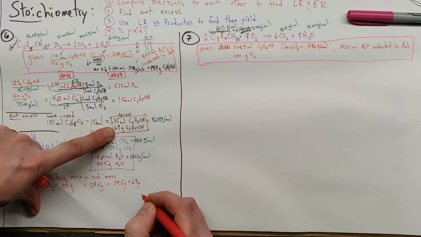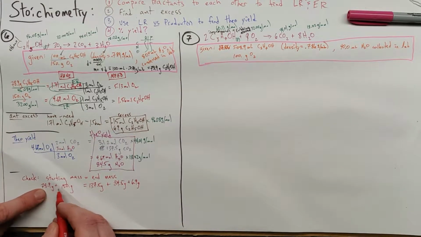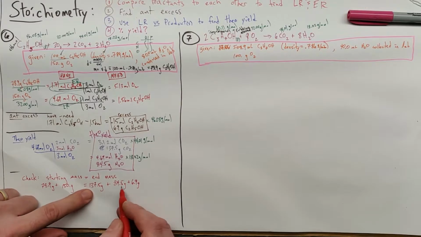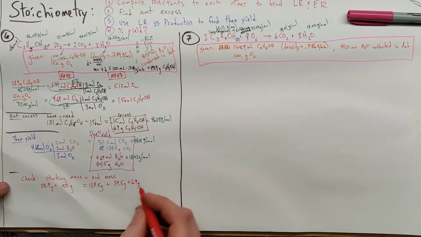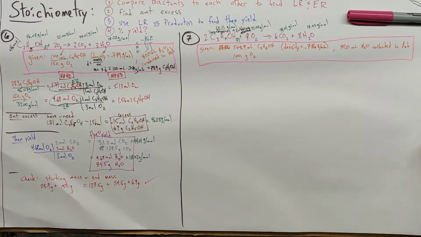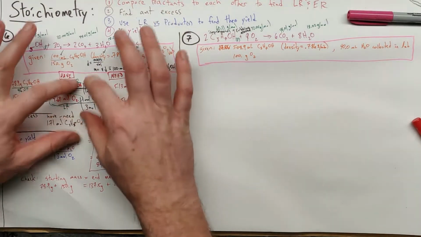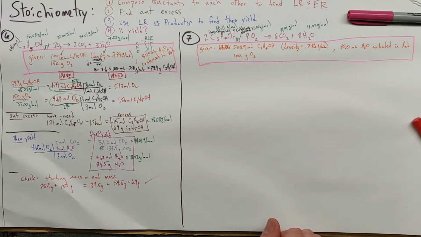And in this particular case, it looks like that's 228.9, and we do end up with 228-ish over here, so that looks okay. It doesn't mean we did the problem correctly, but it means our numbers add up, which is very reassuring. And after you're doing such a big problem, it's kind of nice to have some reassurance at some point.